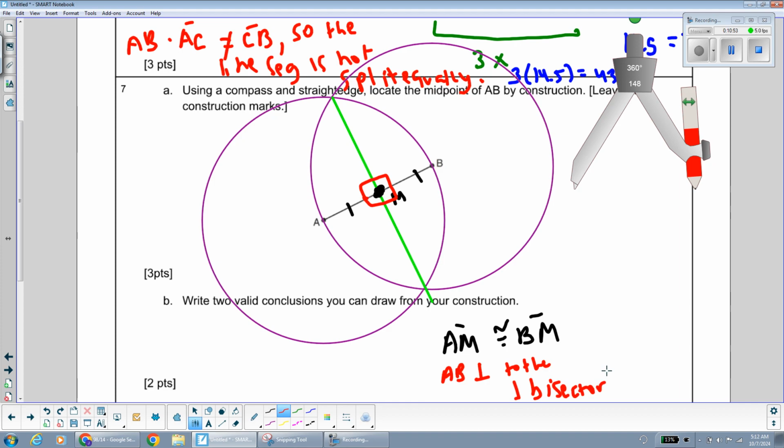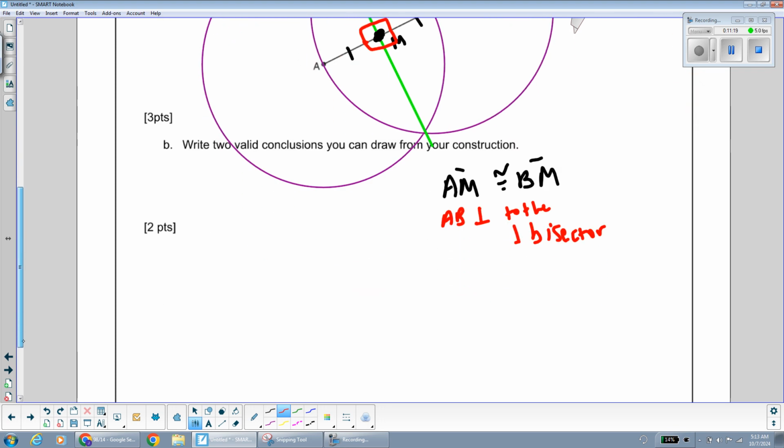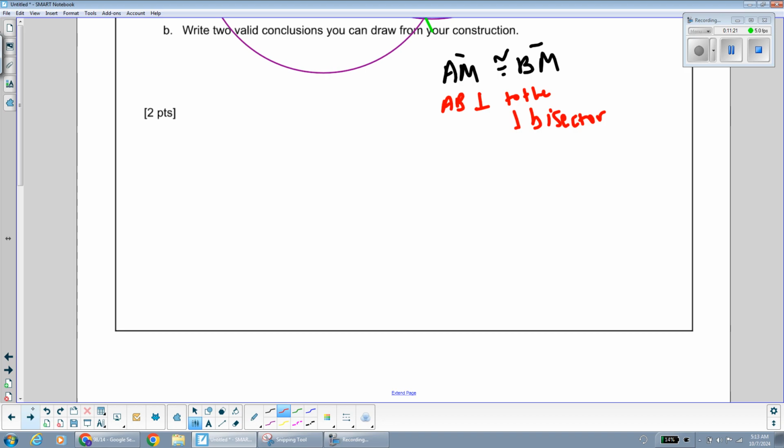Or you can add in more points and you can actually say what the angles are. Some people added in point D and said angle AMD and angle BMD are right angles. You can definitely do that as well. There was a variety of things that you could have said here. It just had to be two valid conclusions. I did take that as the midpoint of AB, but that's not a conclusion. That was the question. So that's actually not a conclusion that you drew. It was told to you in the question.